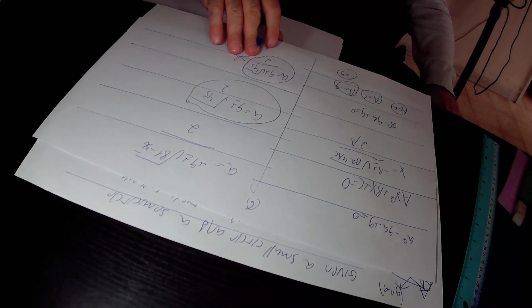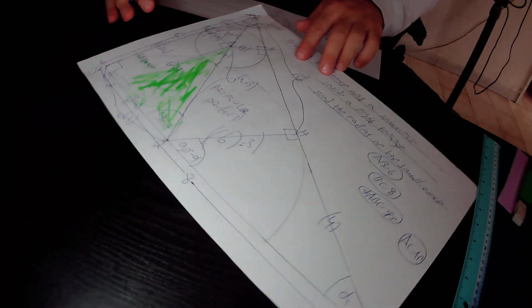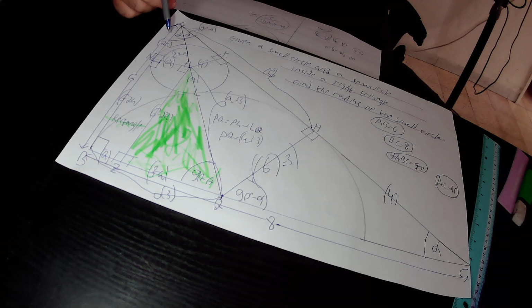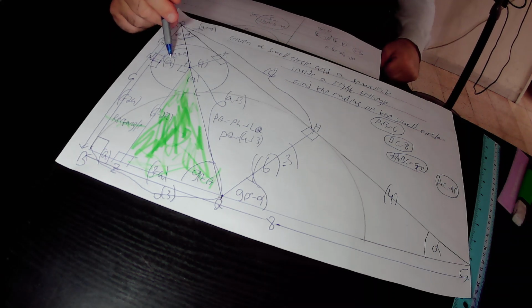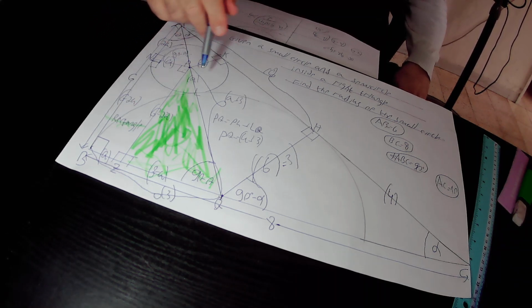So we actually found out that according to the first solution for a, the radius a of this small circle is greater than 3 units. But the radius of this small circle cannot be greater than 3 units. Why? Because the radius of this big semicircle equals 3 units.